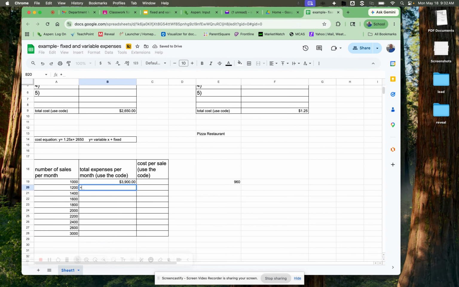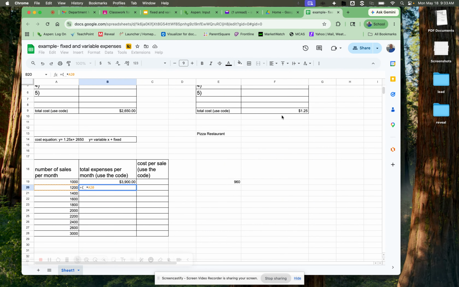So my equals, parentheses. I'm using my equation, so it's 1.25 times, instead of x, I'm going to put this number right here, 1,200. I can even put plus A20. And then I can even do, what's this?